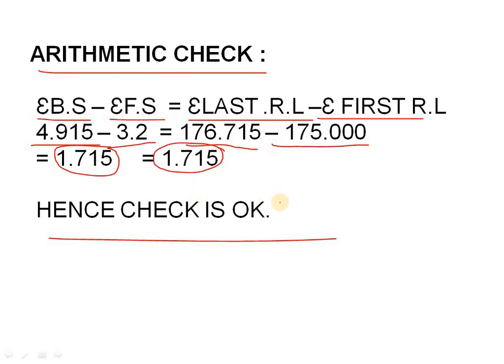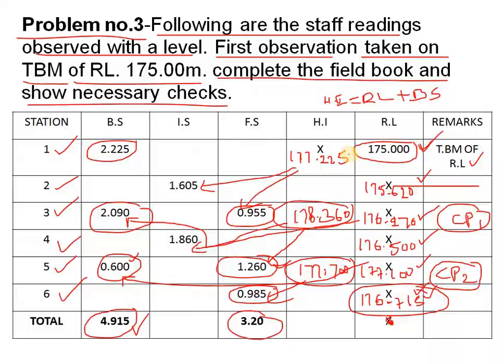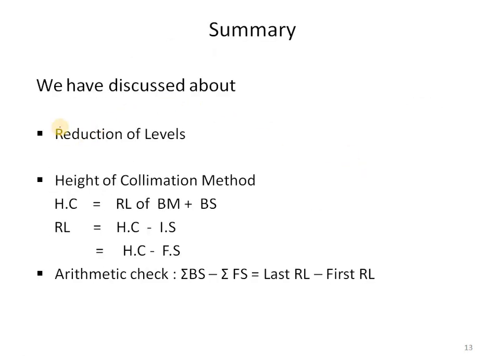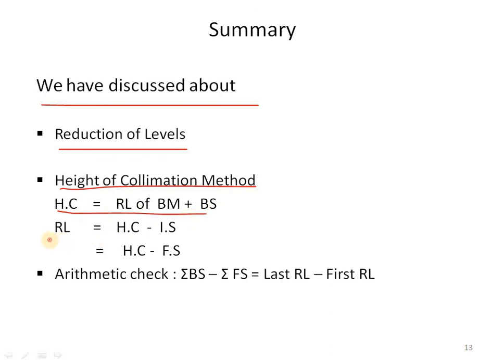So in this way we have to do the problems of the height of instrument method. Whatever the problem is, we have to do it in this method only. In this class we have discussed reduction of levels. This formula is very important in the height of collimation method: HI is RL of BM plus BS.